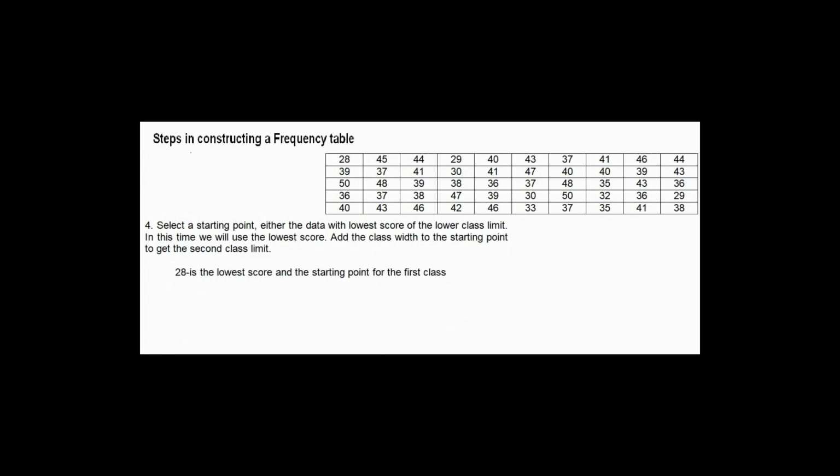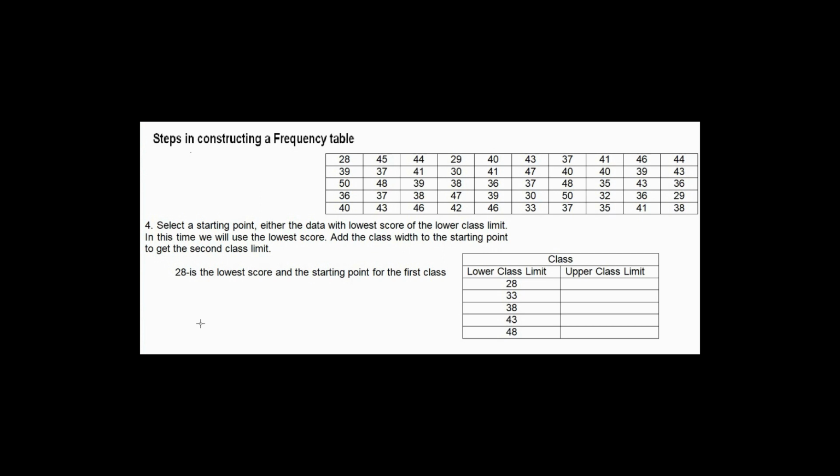Fourth step, select a starting point, either the data with the lowest score or the lower class limit. This time, we will use the lowest score. Add the class width to the starting point to get the second class limit. In this case, 28 is the lowest score and the starting point for the first class.